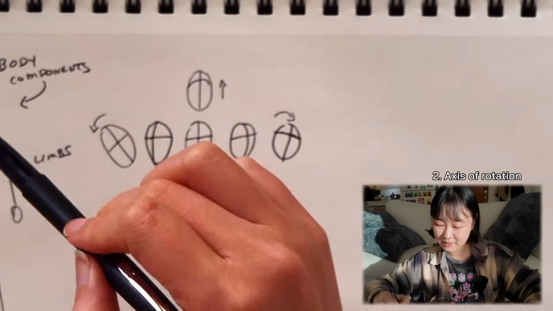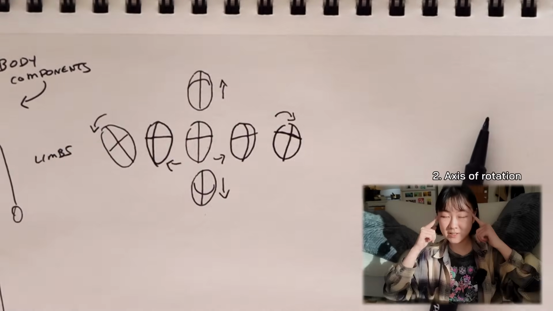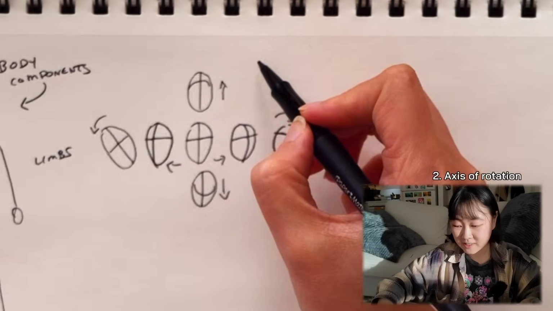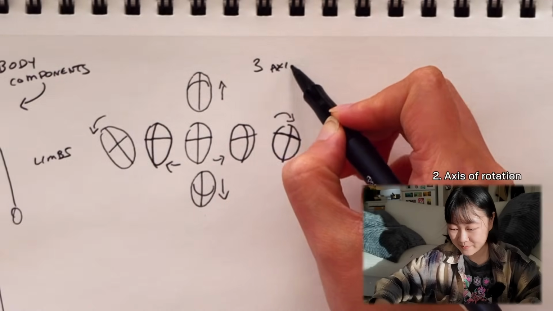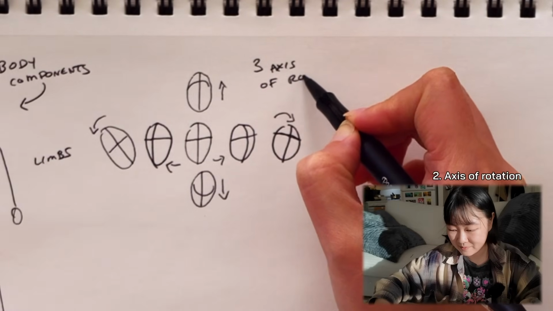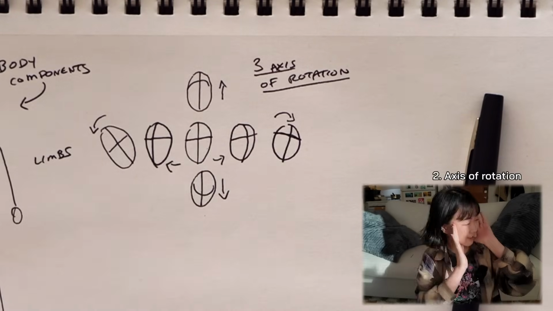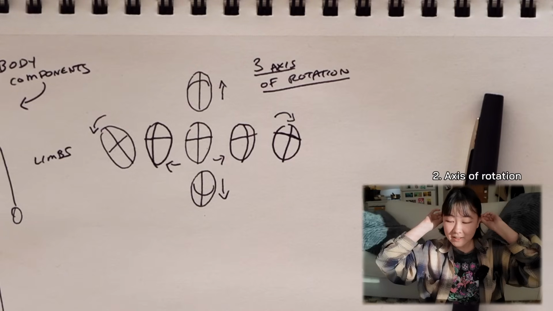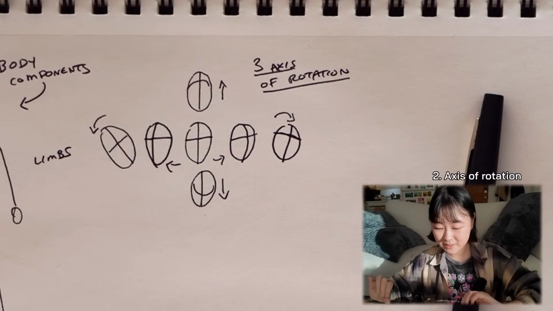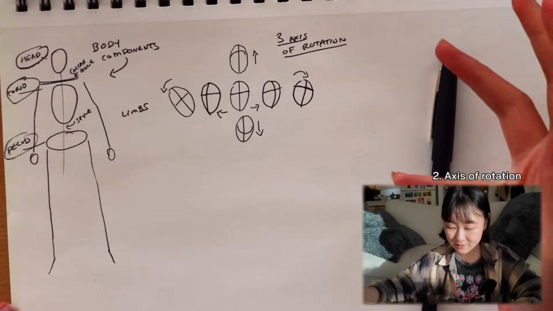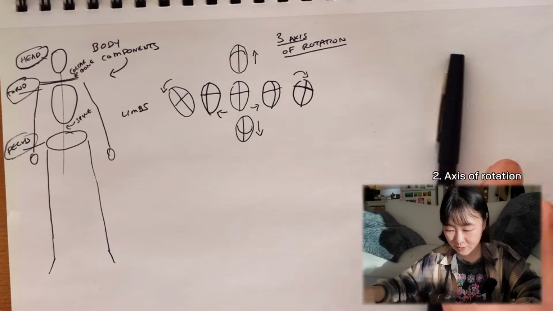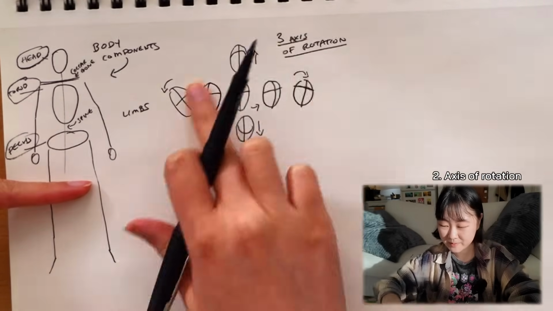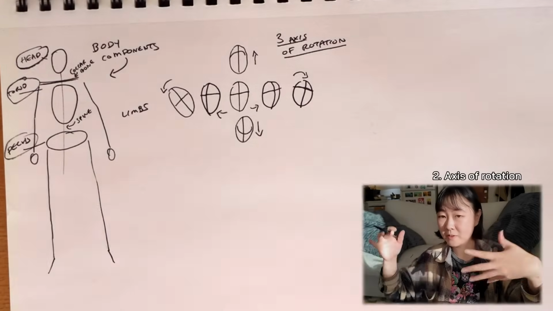So the head, the torso, and the pelvis can all rotate in all of these 3 axes. 3 axes of rotation. Up and down, left to right, side to side, okay? And the absolute key when drawing characters is that your character will look stiff and awkward if your head, your torso, and your pelvis are in the exact same rotation among all 3 axes.